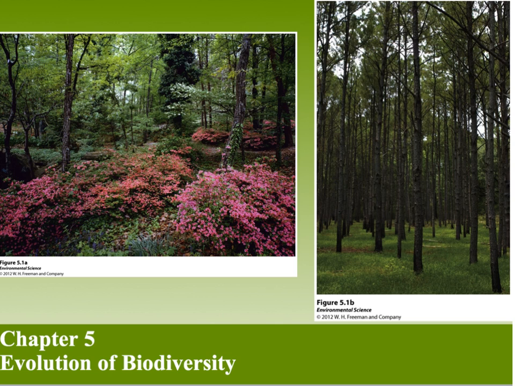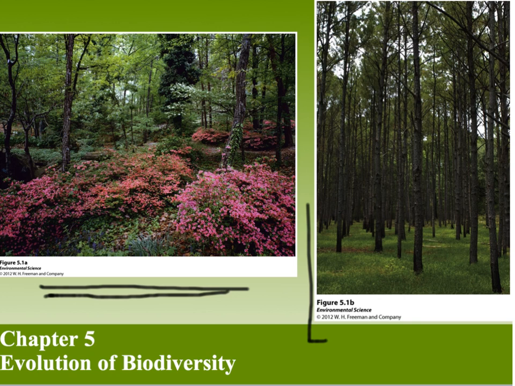On the first slide here we have two forests, one that has a very diverse plant community. If you have a high diversity in plant community, then you're going to have a high diversity in other animal life. So this untouched forest is going to have a very high diversity, a very healthy system.